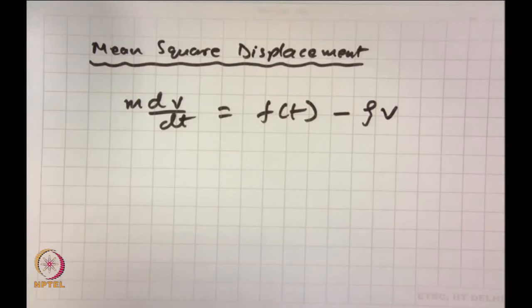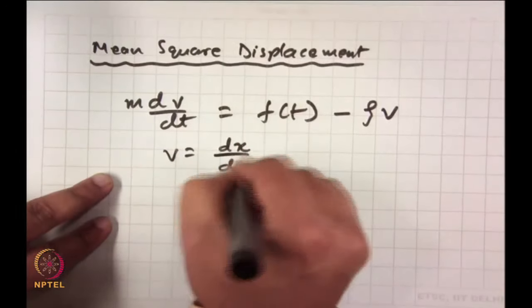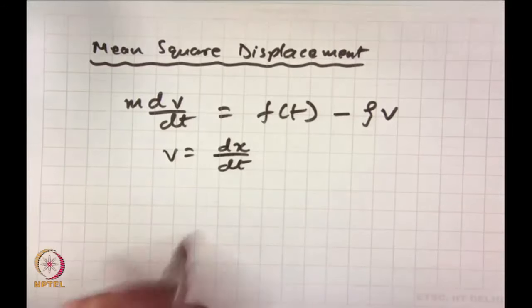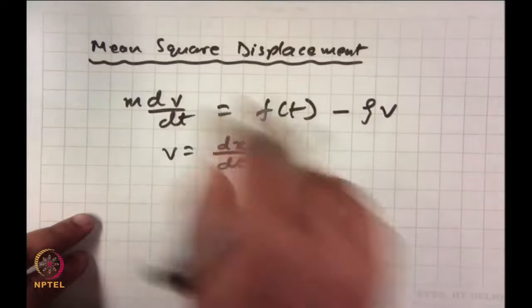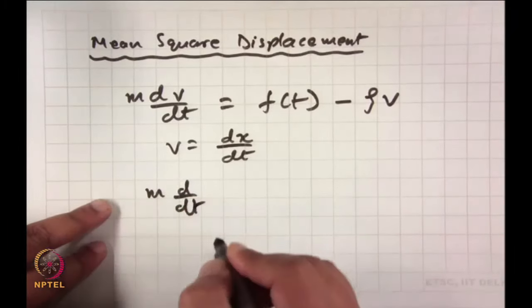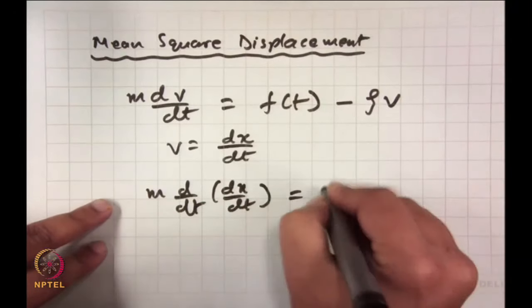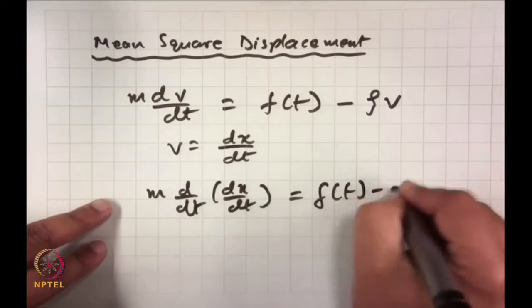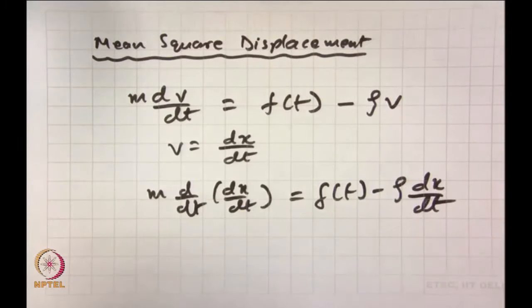Now, what is v in terms of the displacement of a particle? Velocity is equal to dx by dt. So, using this, I can write m d by dt of dx by dt is equal to f of t minus xi dx by dt.